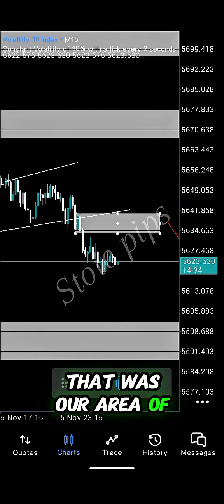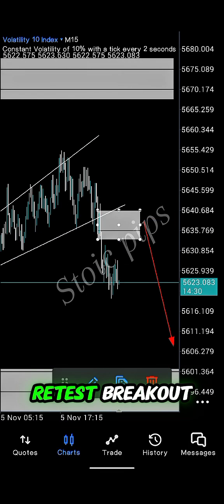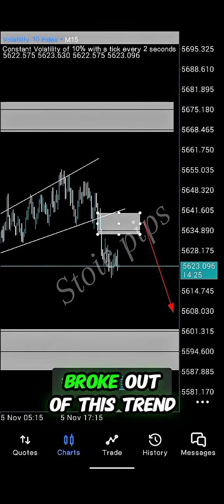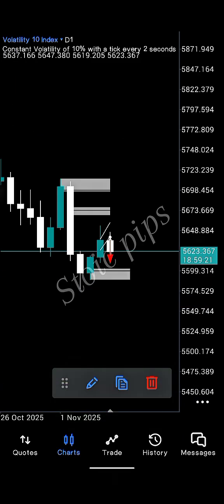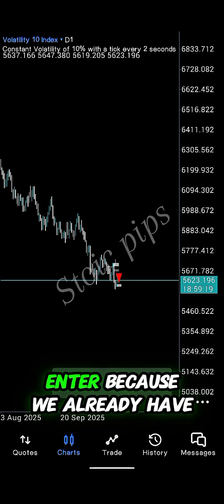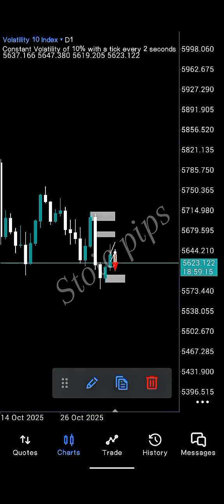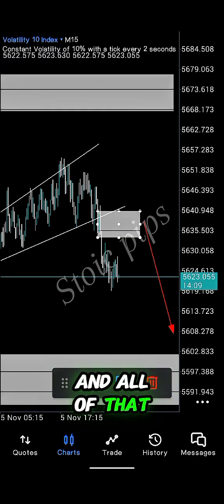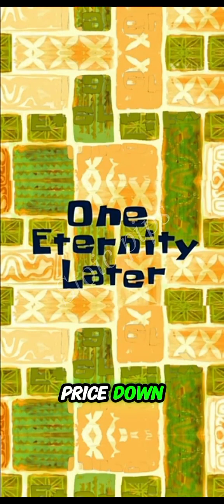That was our area of confluence, and that was our retest, breakout retest, and price actually broke out of this trend very strongly. So now for this, we're just going to enter, because we already have a retest, so we know that price is selling. There's no need of us waiting for retest and all of that. We are going to enter at this point and ride with price down.